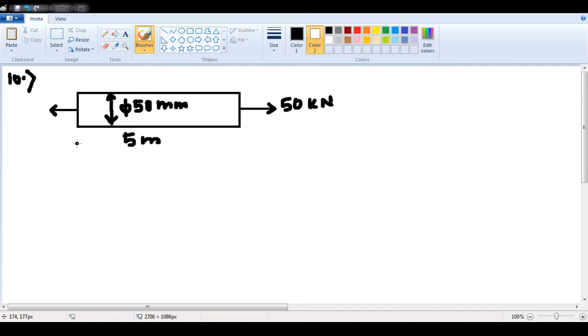This length is 5 meter. Determine the length of a bore of 25. Determine the length of a bore, okay, of 25. So I'll write this one this side.